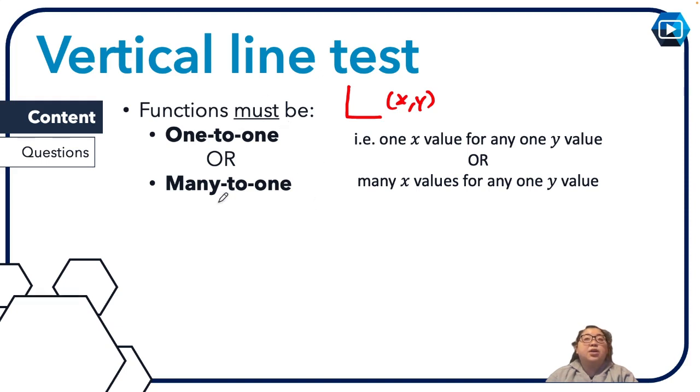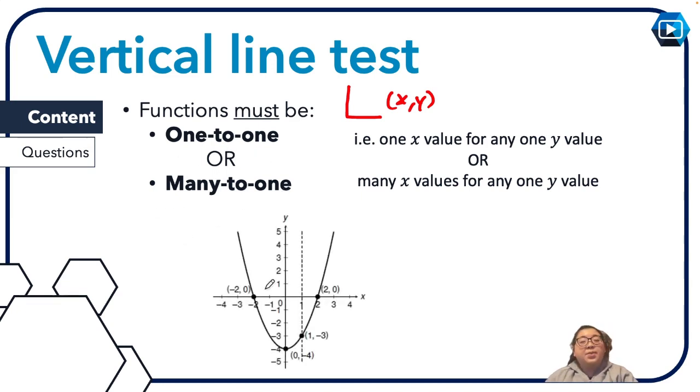So you can see that you'll have many x coordinates to this one y coordinate, and that's the scenario that you'll be able to have. So we want a graph like this where we can see we have multiple x values for the same y value, which is entirely fine.